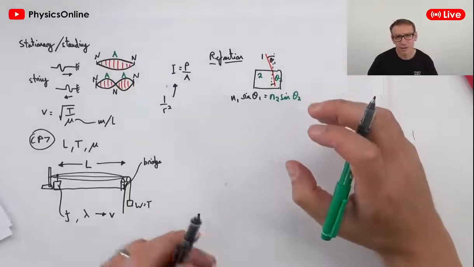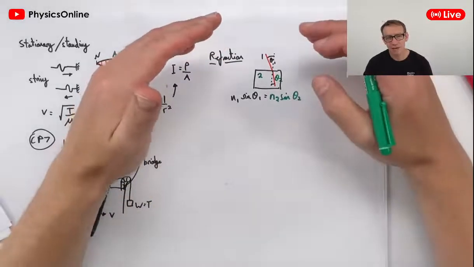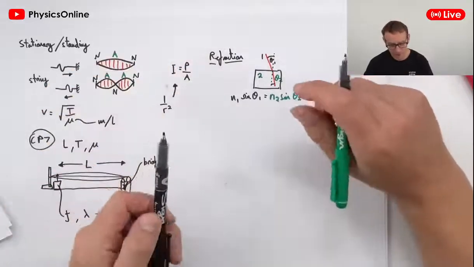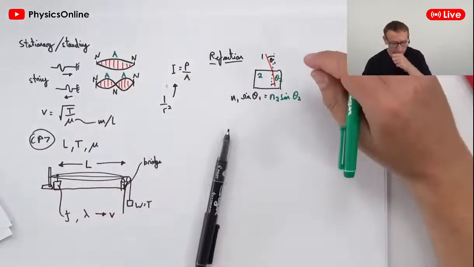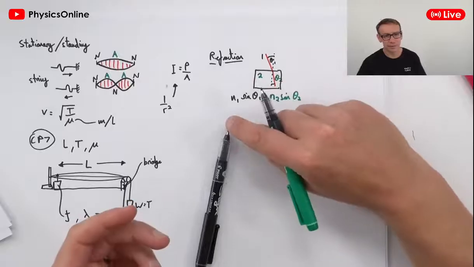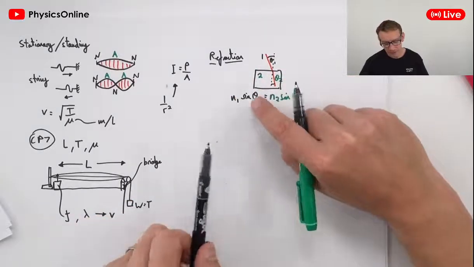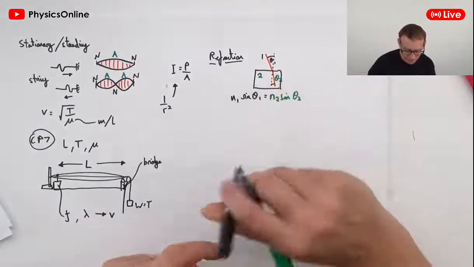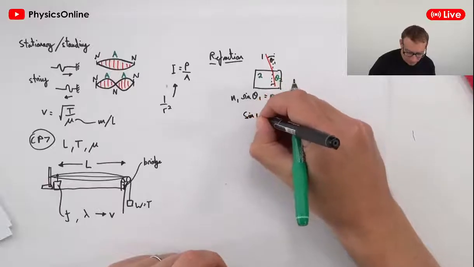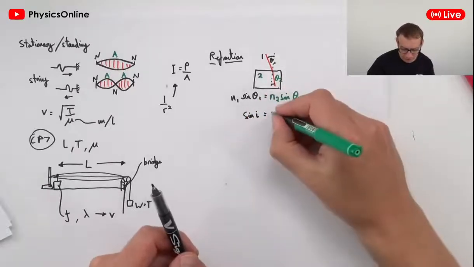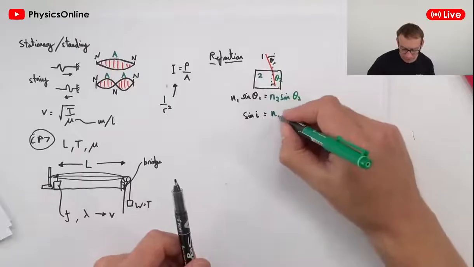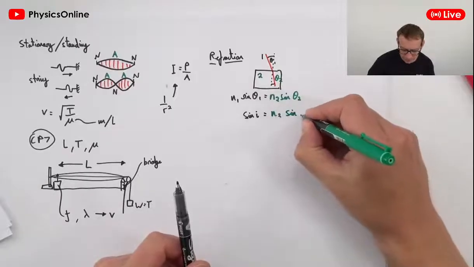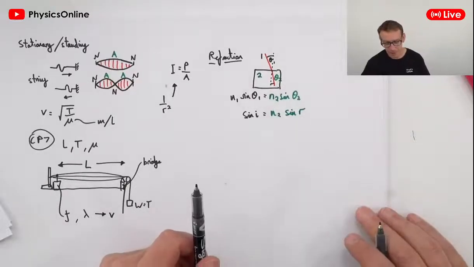A lot of the time though, we talk about something going from air into glass, and at that point N1 is just 1, so the refractive index of this is just 1. And then we often say that sine of the angle of incidence is equal to N2 times sine of the angle of refraction.